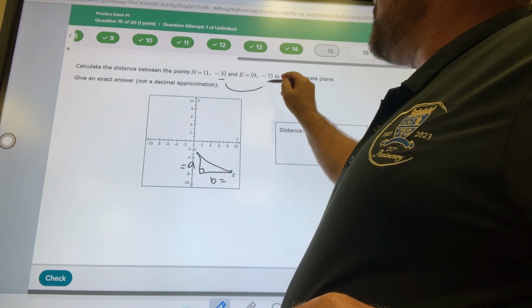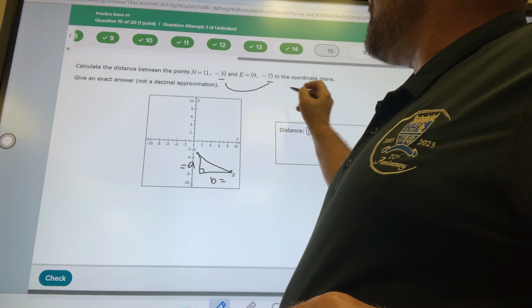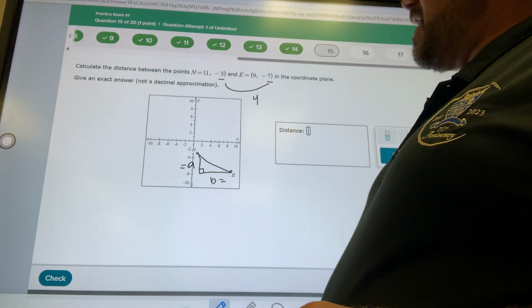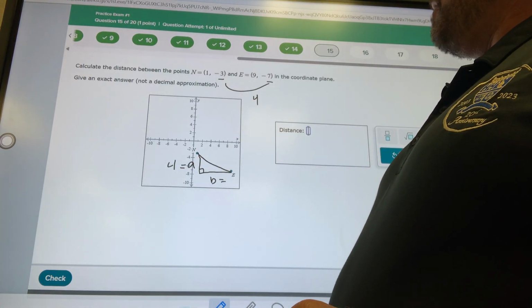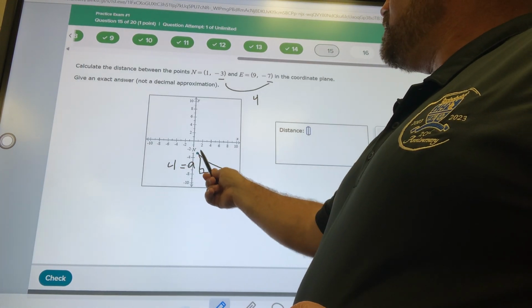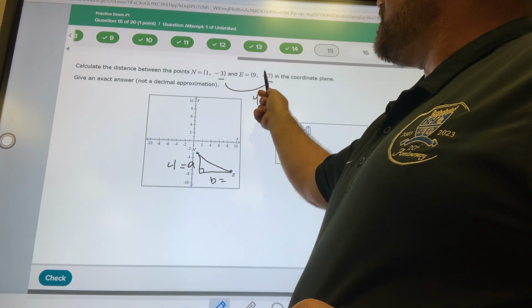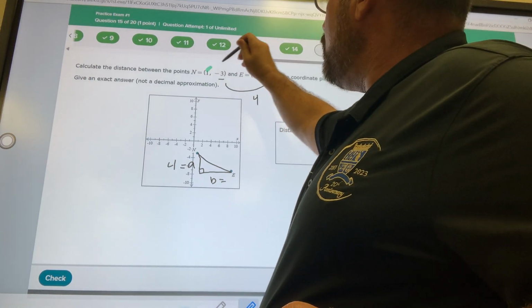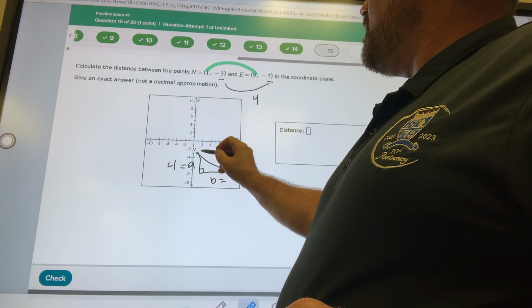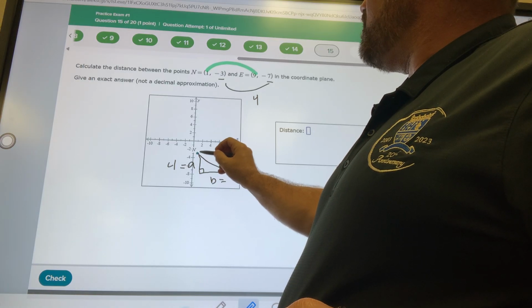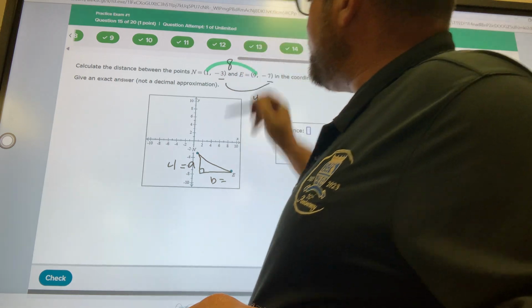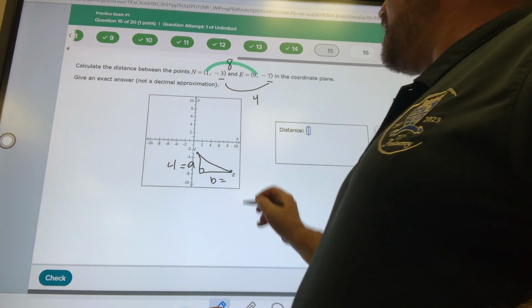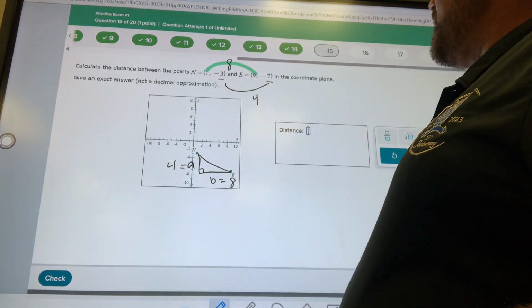So the distance between these two numbers, -3 to -7, is 4 spaces. So that's going to be my A value. Now, the distance between this point and this point horizontally is the distance between those x values. Point N is at +1, point E is at +9. That's a total of 8 spaces in between those two values. So my B value is going to be 8.